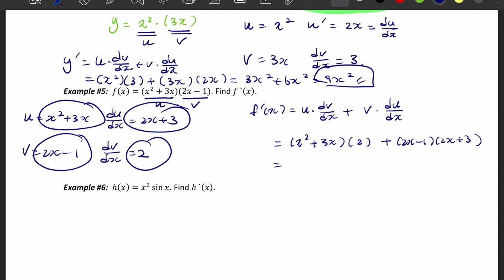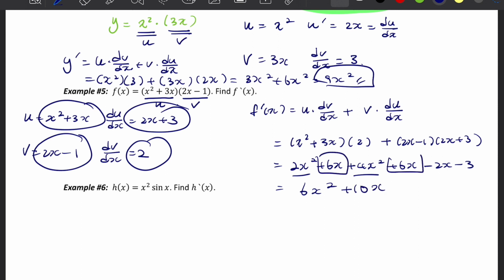Then expanding all these terms gives us 2x squared plus 6x plus 4x squared plus 6x minus 2x minus 3, and this is the same as 6x squared plus 10x minus 3. So we have found the derivative of the function f of x.